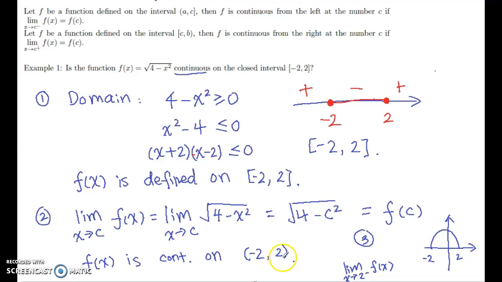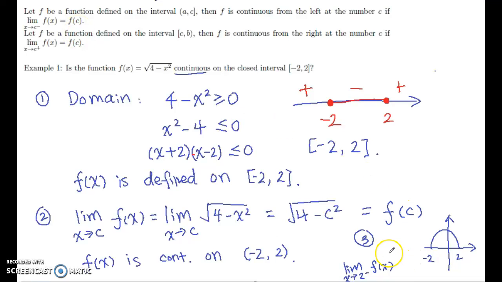Now, how do we discuss the endpoint? We refer to this definition of one-sided continuity. Let f be a function defined on the closed interval a comma c. Then f is continuous from the left at the number c if the left limit exists and is also equal to the function value.